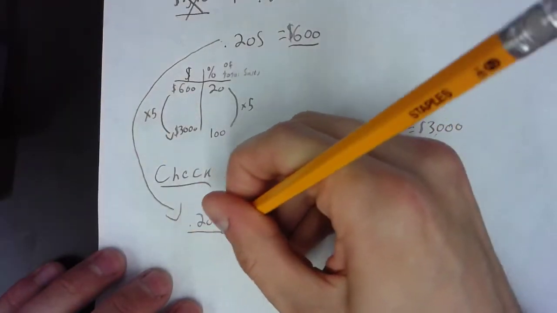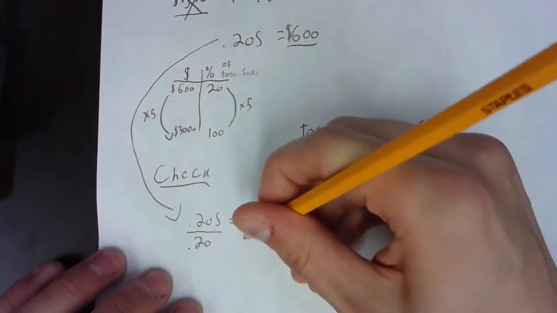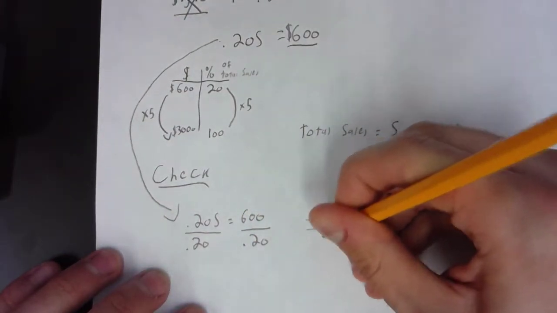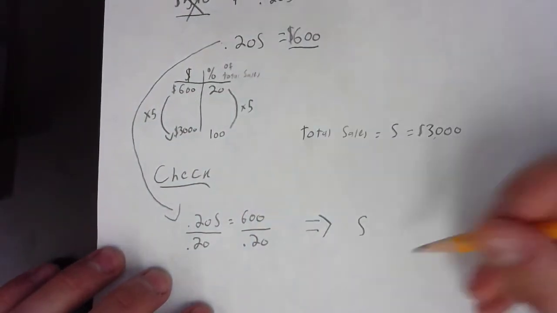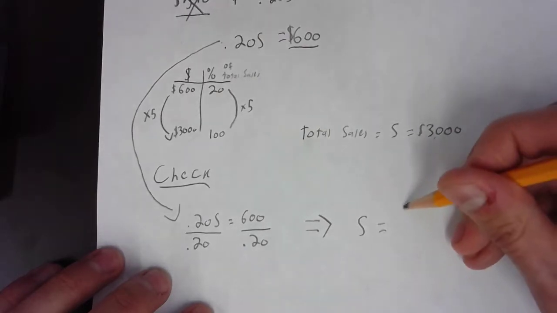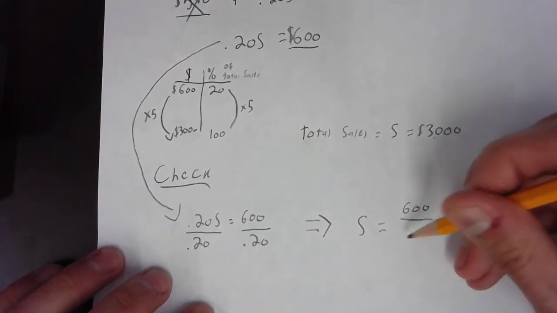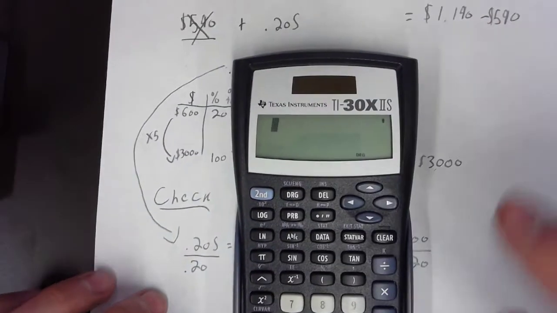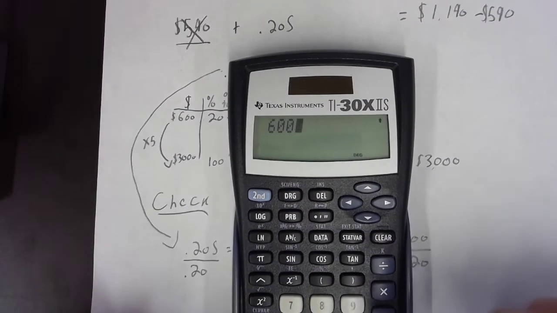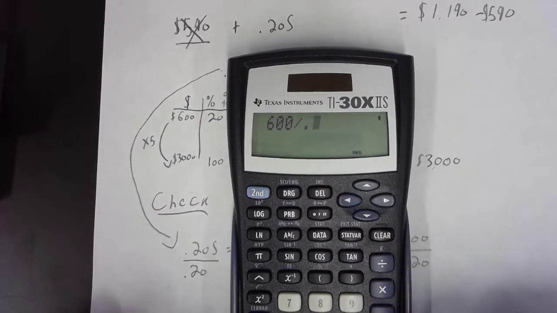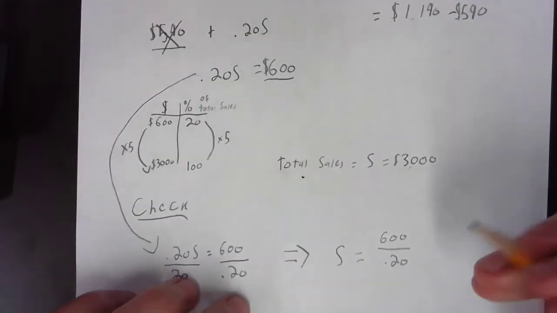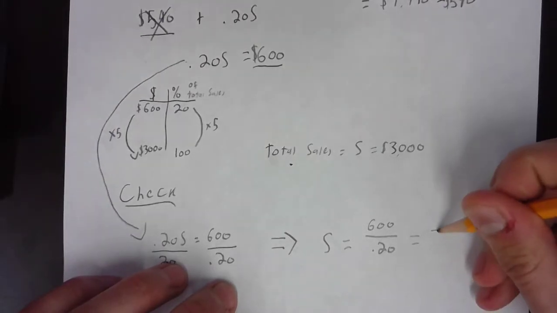So if you have a calculator, you could divide out 0.20 on each side to get us to S equals 600 divided by 0.20 or 0.2. And we put that into the calculator, 600 divided by 0.2, that'll give us our $3,000.